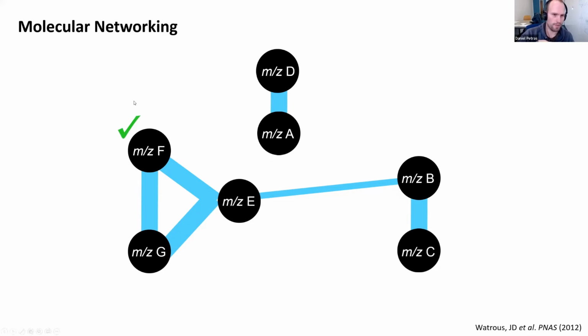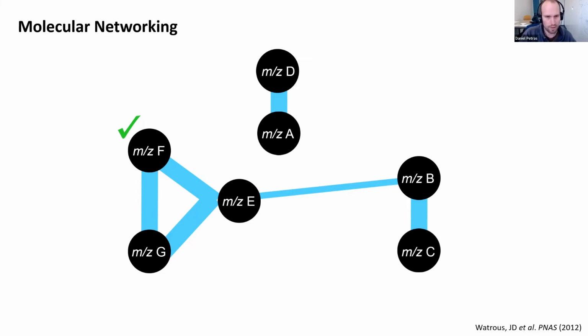So here, for example, the one with the green check mark, we would have a library annotation to an amino acid. Because there's a high spectral similarity between node E and G, we can probably easily propose that an amino acid or something similar is involved too, right?